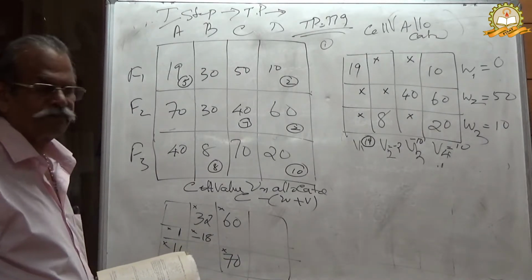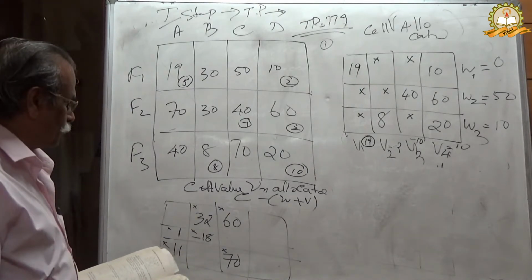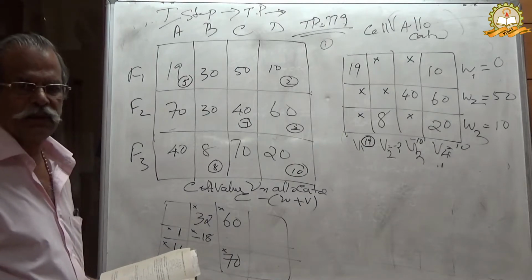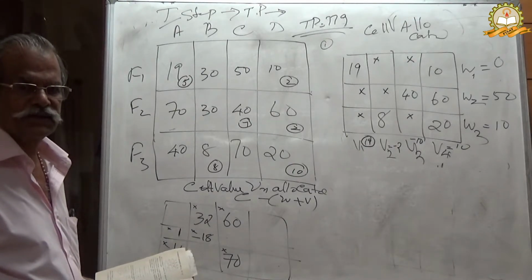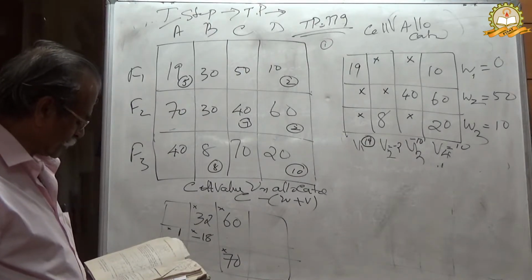Therefore, the optimality test failed. If you get a negative value, the optimality test failed.